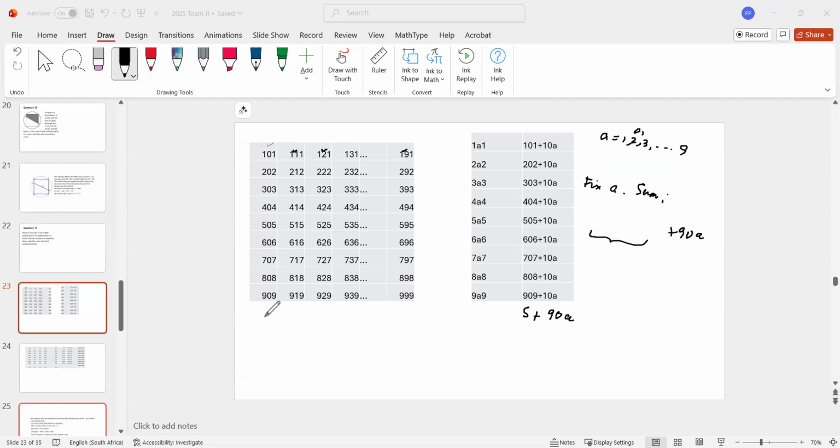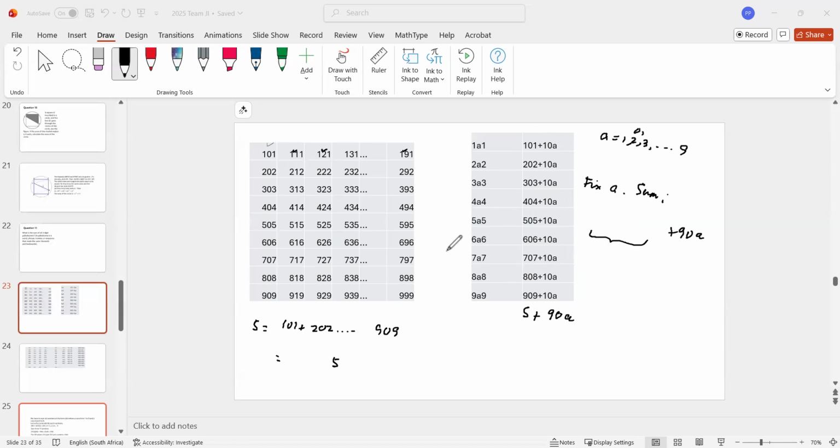Okay. S is equal to, that's the first part, 101 plus 102. You can add all of them up to 909. Very easy to add up. The sum from 1 to 9 is 45. 1 plus 2 up to 9 is 45. Always remember that.